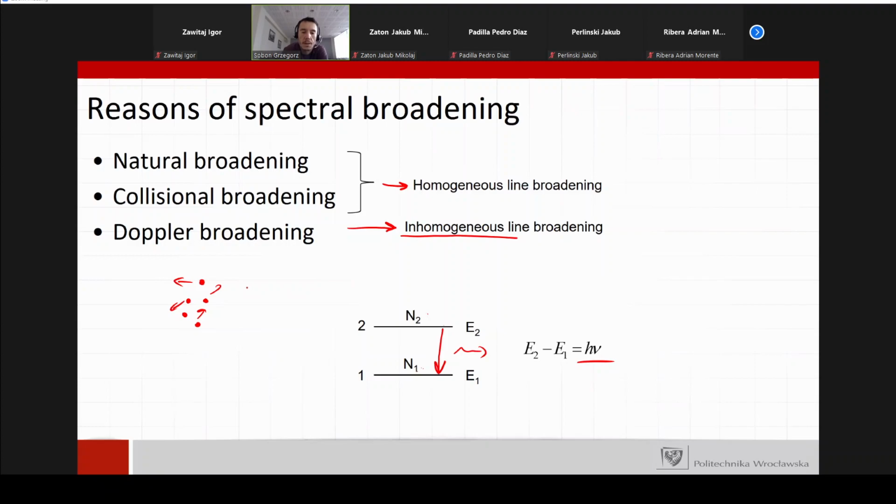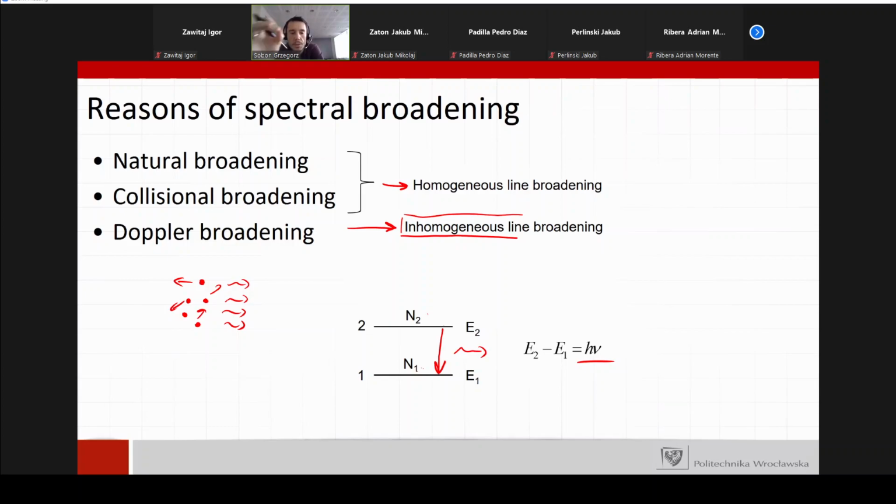So if they emit the photons in the same direction, but they move around in different directions, then the Doppler broadening will cause so-called inhomogeneous broadening, because each atom will emit a photon with a different frequency. So this Doppler broadening does not interact in the same way with all atoms of the gain medium, right?